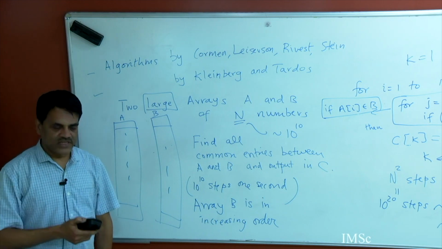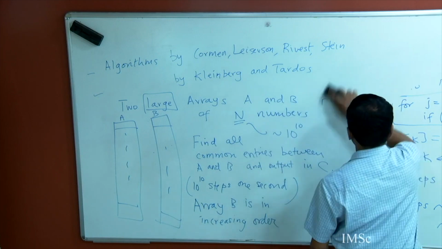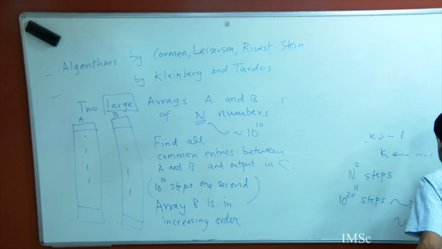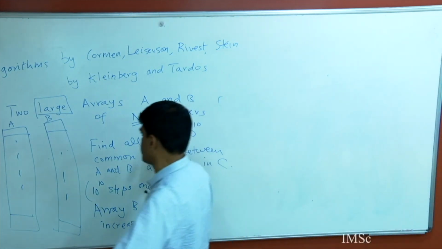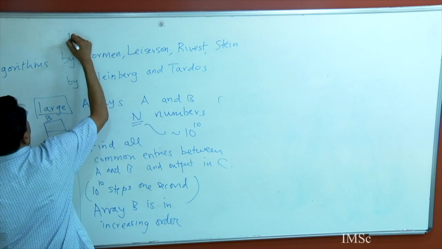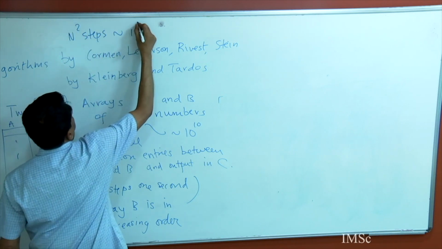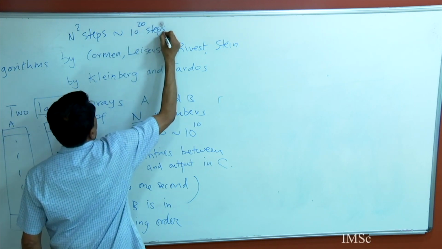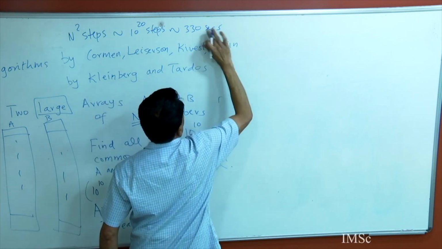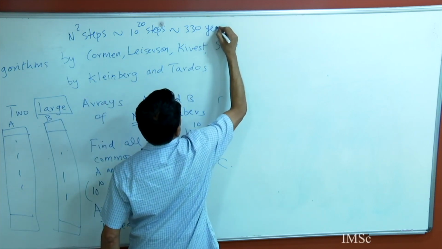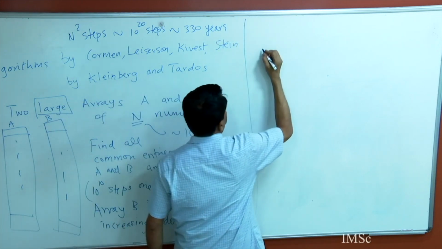The suggestion is to do what is called a binary search. Let's keep this in mind, because we need to solve this. This n squared algorithm was our simple algorithm, which was 10 power 20 steps, about 330 years. I want to do a comparison with our new algorithm. So what is binary search?